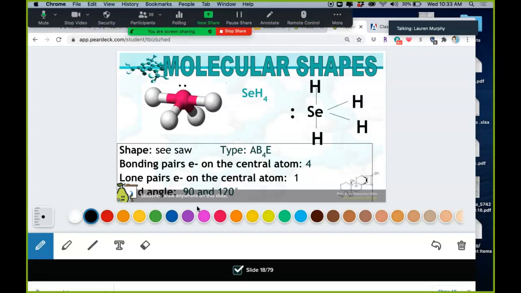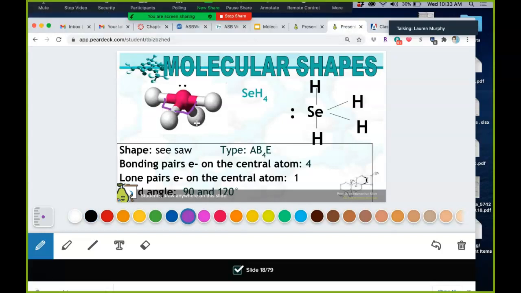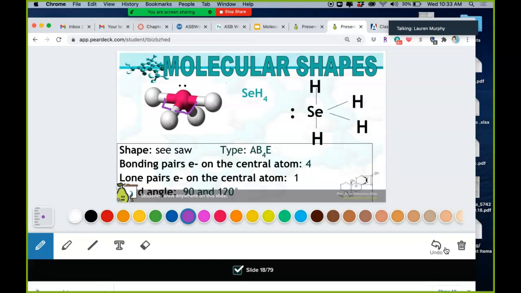Now you still have the same bond angles because look, this is still 90, this is still 90, and there's more 90s in there. But you still have a little bit of the triangle left right here. So this is also 120 between these two guys. So again, seesaw.